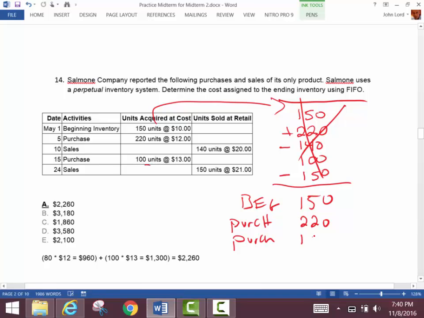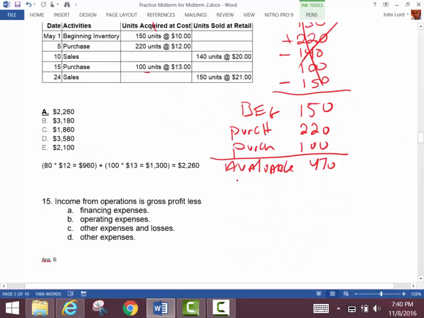I think it's a little better organized like this. So I have available how much? I have available 470, you say? Okay, good. Then I'm going to subtract off the sales, just a little more organized. And so my sales, I had a sale of 140, and then another sale of 150.